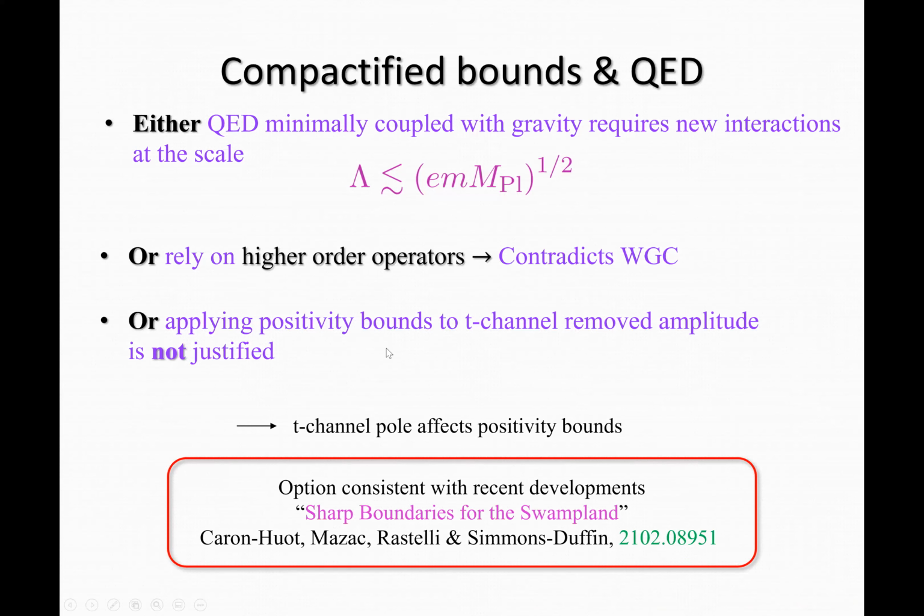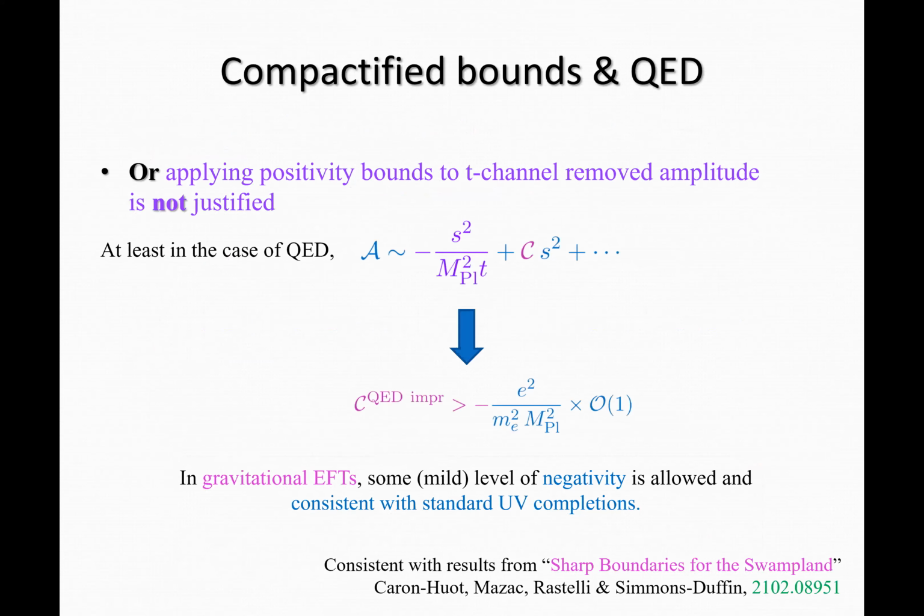I have to highlight a very nice paper that came in very recently, which seems to be consistent with this last conclusion, where they're able to deal with this T-channel pole by instead considering finite impact parameter, and then they see indeed that the positivity bounds are allowed to be a little bit negative in the gravitational setup.